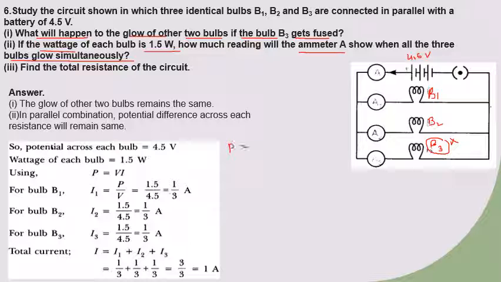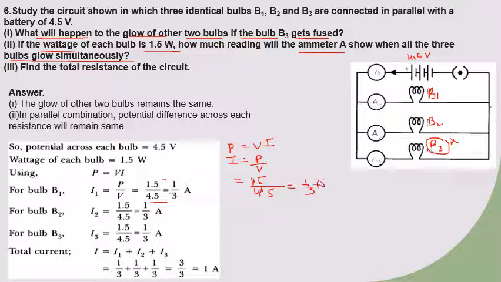Power is given in watt, V is also given over here, and we have to find I. So I is equal to P upon V. First we will find the I of the first bulb. So I1 is P upon V, 1.5 divided by 4.5. The point will get cancelled, and this will become 1 upon 3 ampere, right?